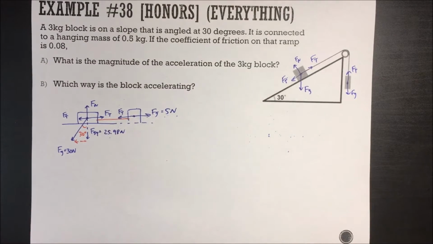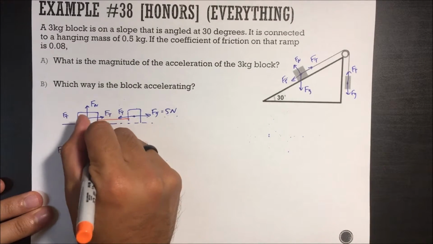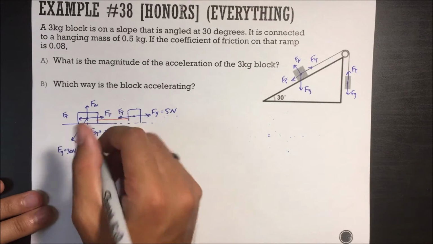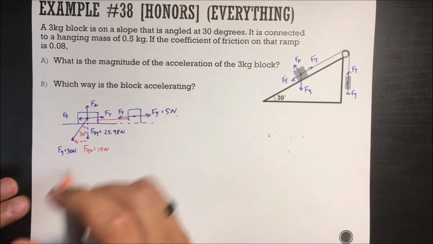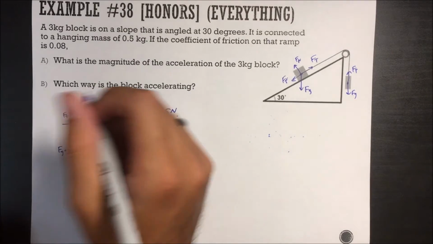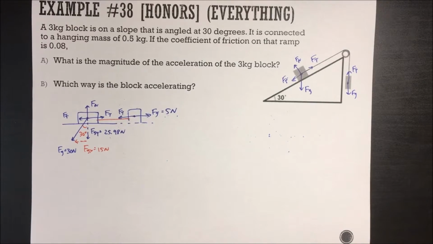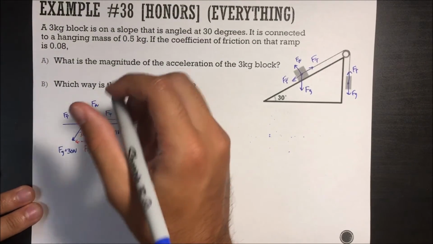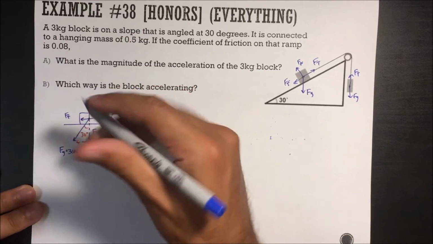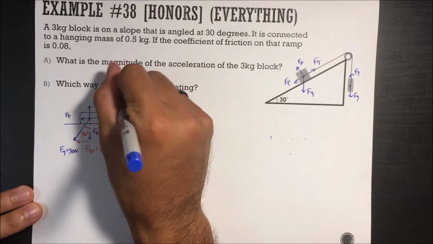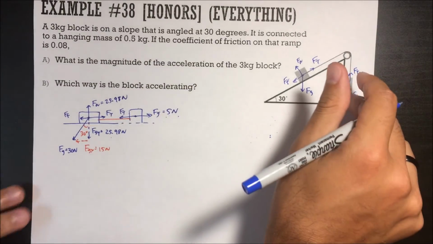And this force of gravity in the x direction is going to give us 30 times sine of 30, which I know is 15 newtons. I also know that this normal force is the same as this force of gravity in the y direction because they have to cancel out because it's not moving in the y direction. So this is also 25.98 newtons.